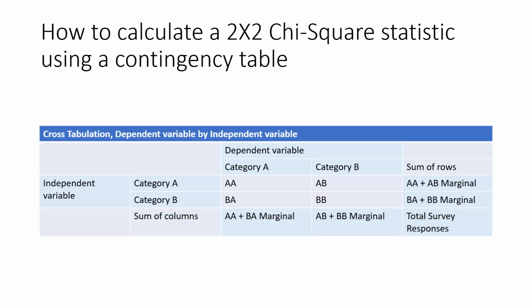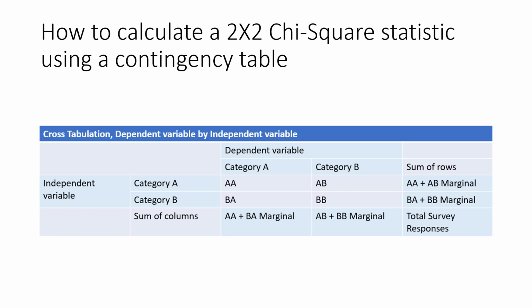So first things first, let's think about how we might want to frame a chi-square test. Now, you'll recall from the previous lecture that a chi-square test is a non-parametric test that essentially looks at whether two categorical variables are related to each other or whether they are independent from each other.